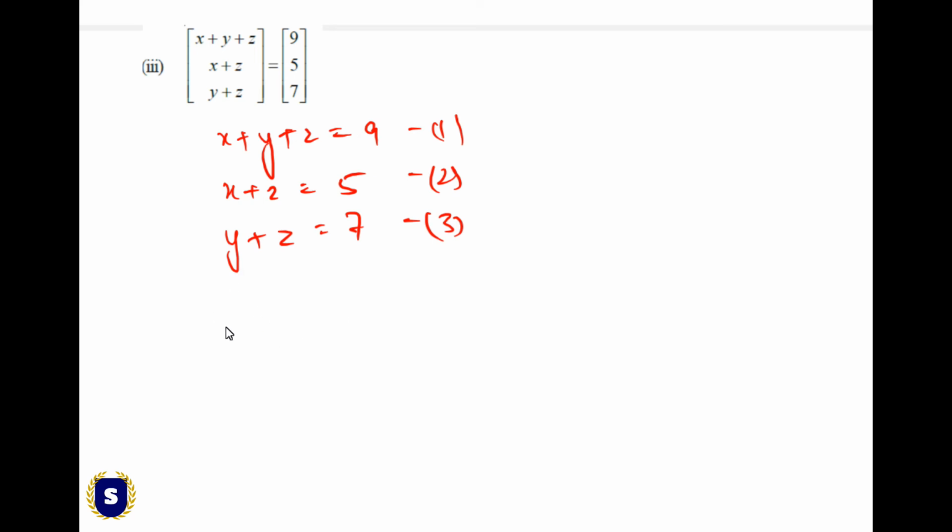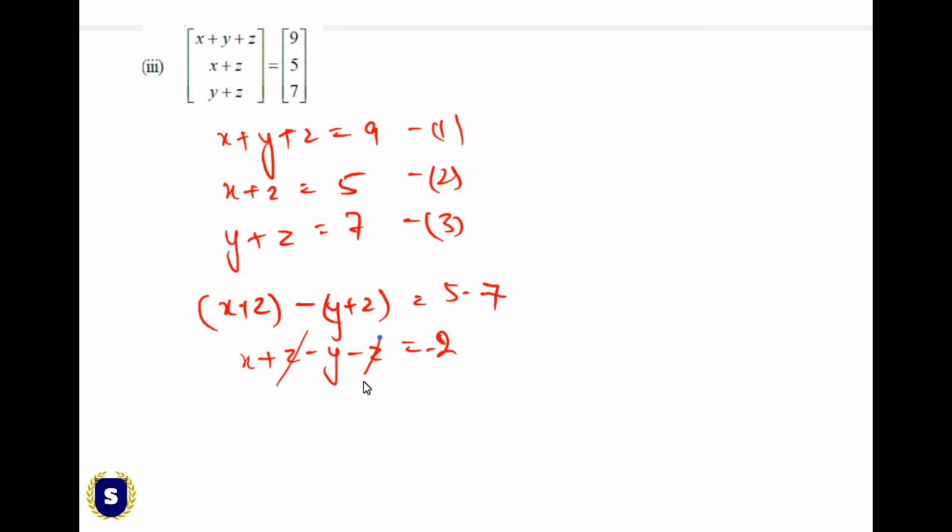So subtracting equation 3 from 2, we will get x plus z minus y plus z is equal to 5 minus 7, right? So x plus z minus y minus z is equal to minus 2. Eliminating z, we will get x minus y is equal to minus 2. This is equation number 4.